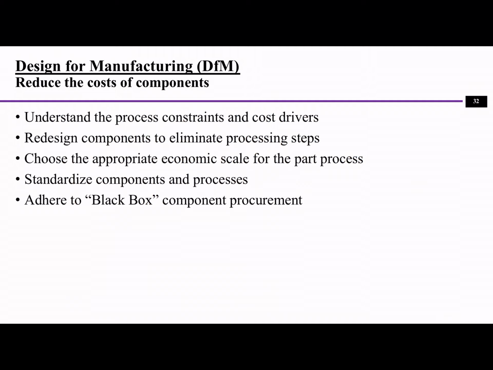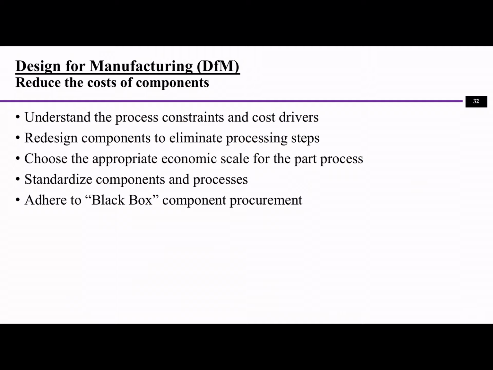Also, some of the guidelines to reduce the cost of components is to understand the process constraints and the cost drivers. This is to say that some of the processes really are high cost.